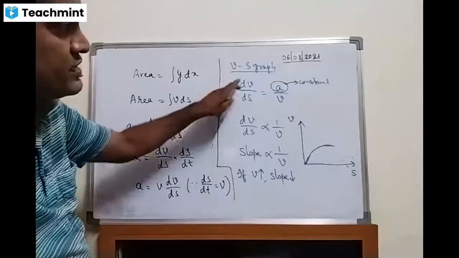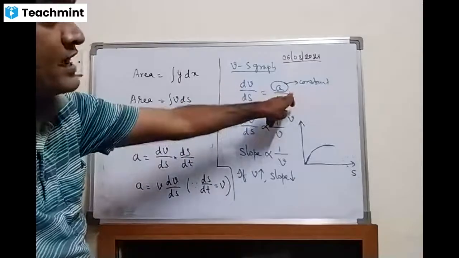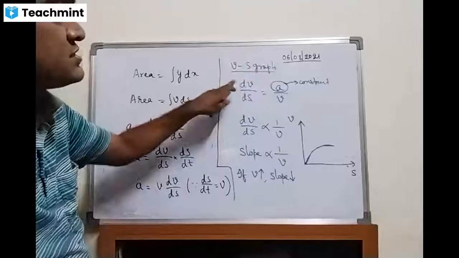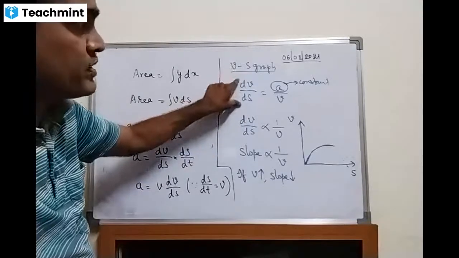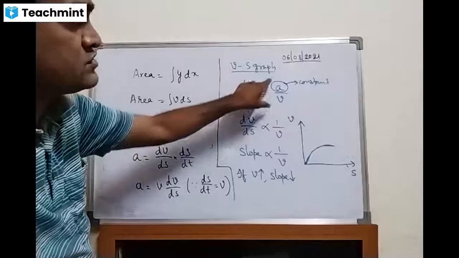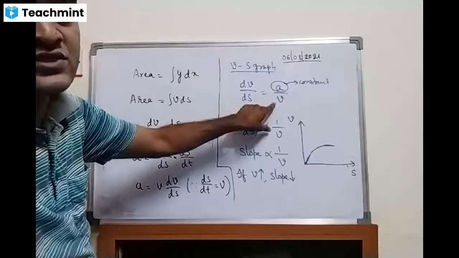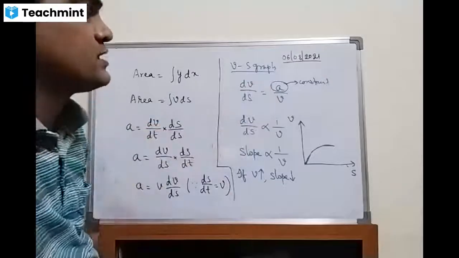But here I have written dv by ds in terms of acceleration. For the VS graph, dv by ds gives what? Slope. For this slope, I have written in terms of acceleration and velocity, and I got the formula as a by v.